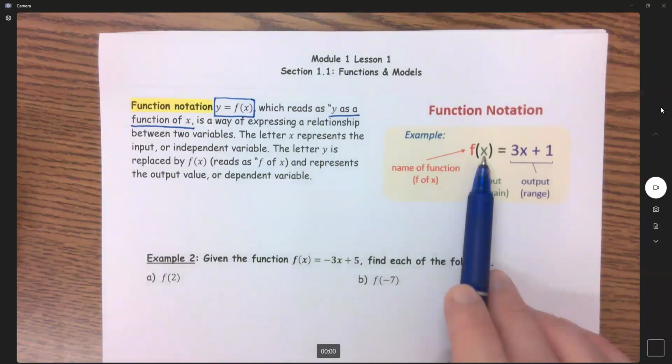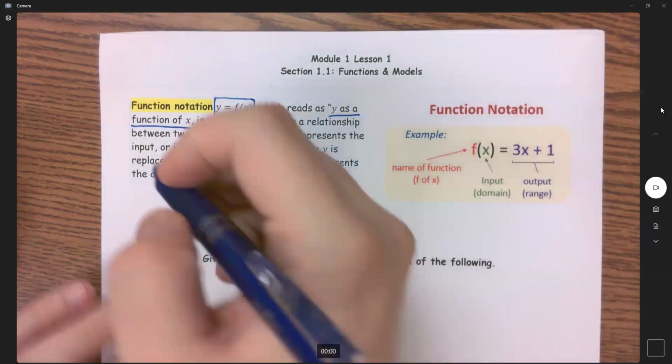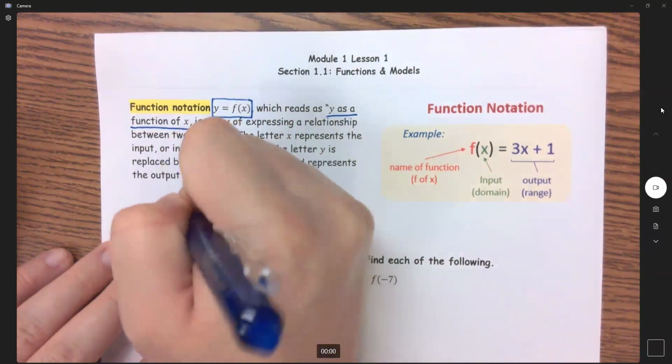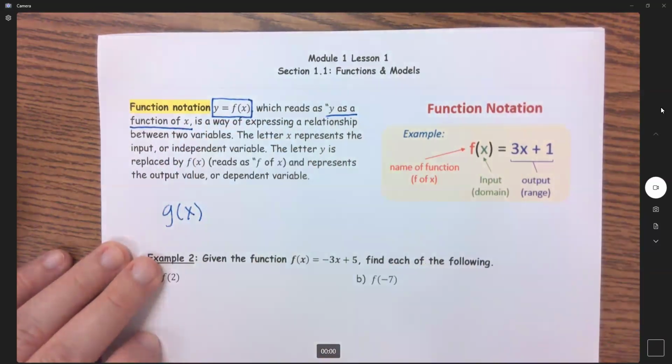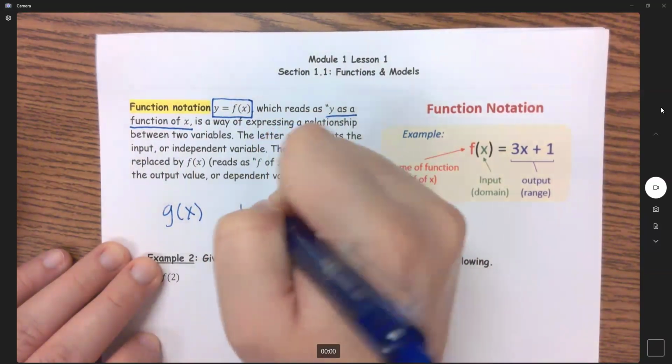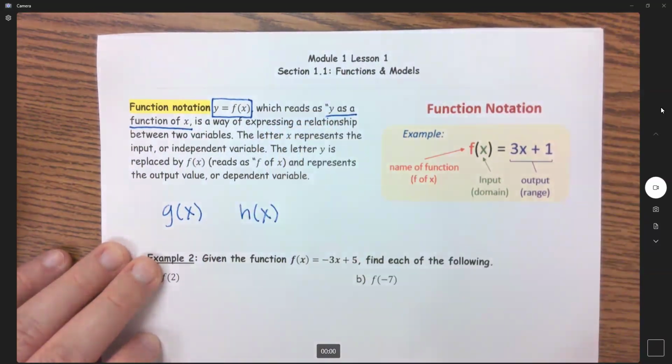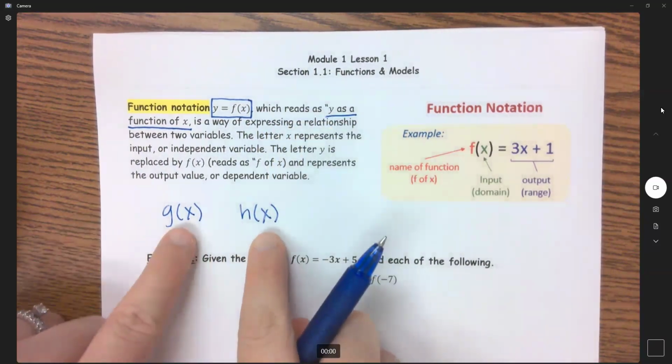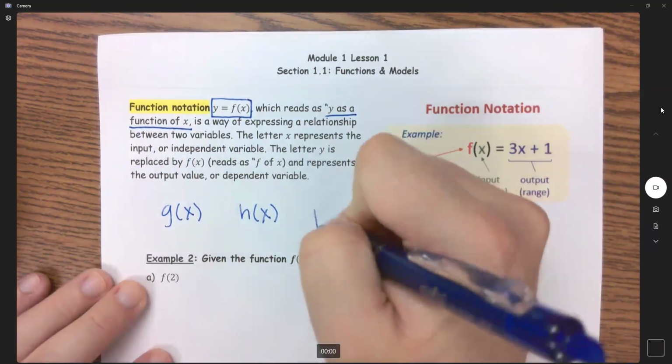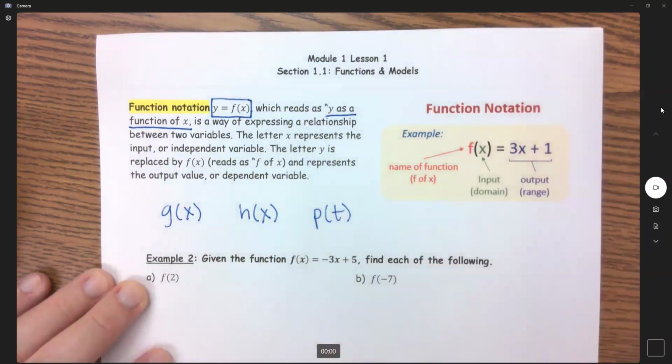Now, f and x can change. We can also have g of x, which is a common one, or h of x. A lot of times we will be using x, but that's not always the case. We could have something like p of t.